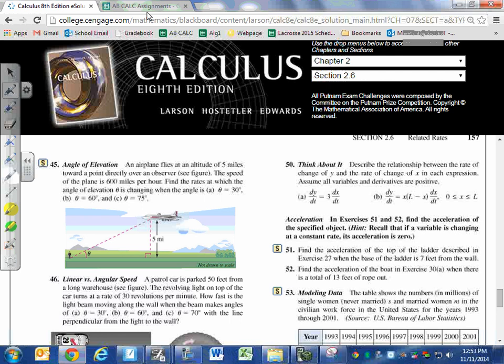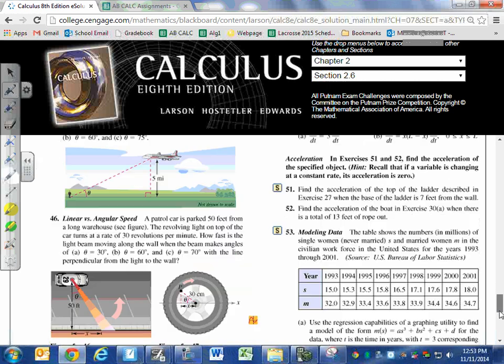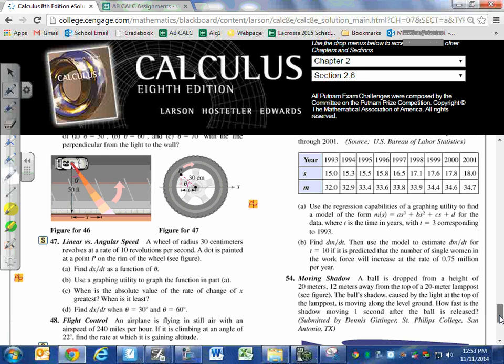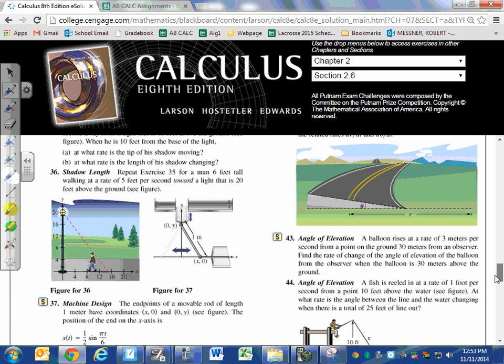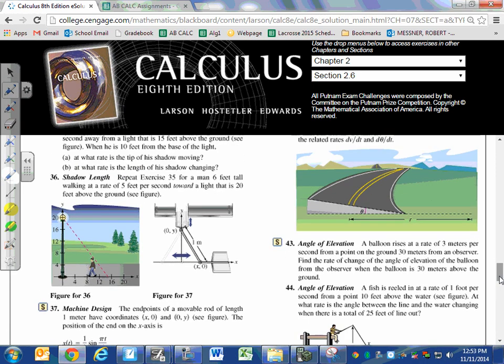In your example problems from last class that I gave you, get out those example problems. This packet for related rates example problems. On the back, on the top.